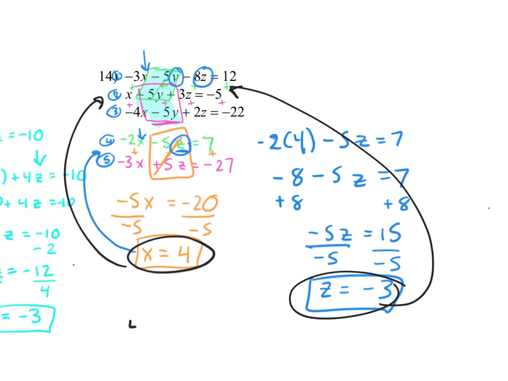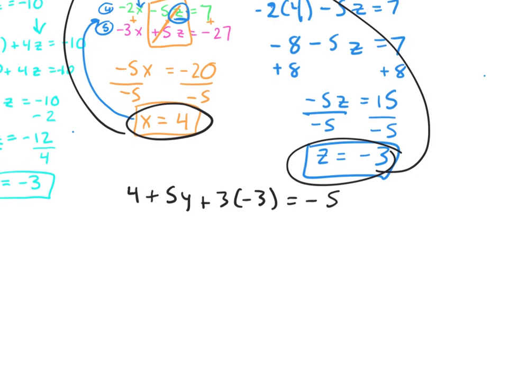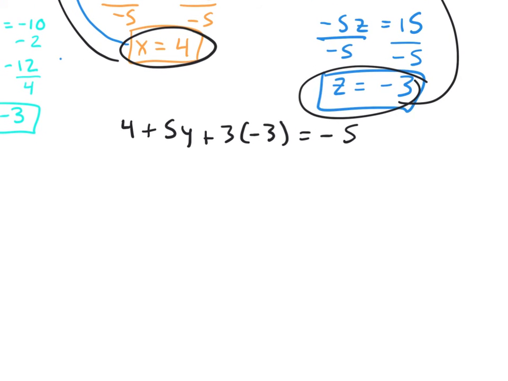So x is 4 plus 5y plus 3 times negative 3 is equal to negative 5. All right, what do we need to do first to solve? Multiply. So 4 plus 5y, 3 times negative 3 is negative 9. What's next?